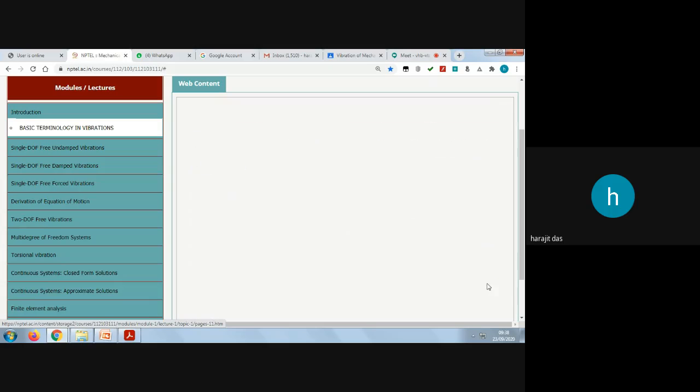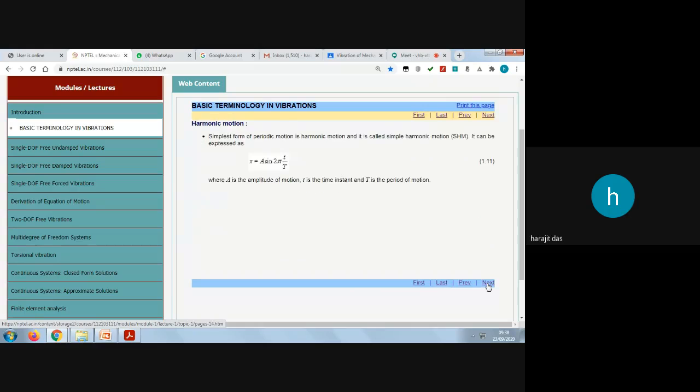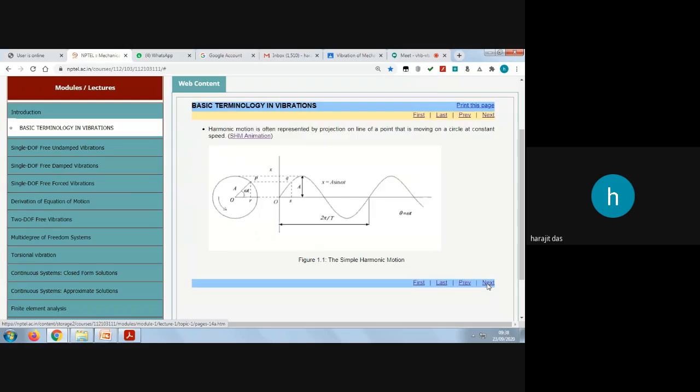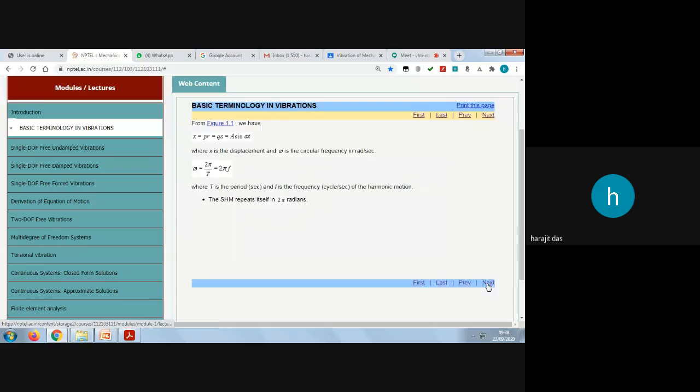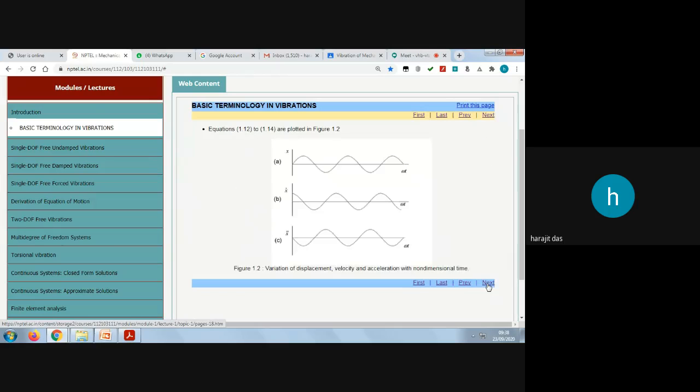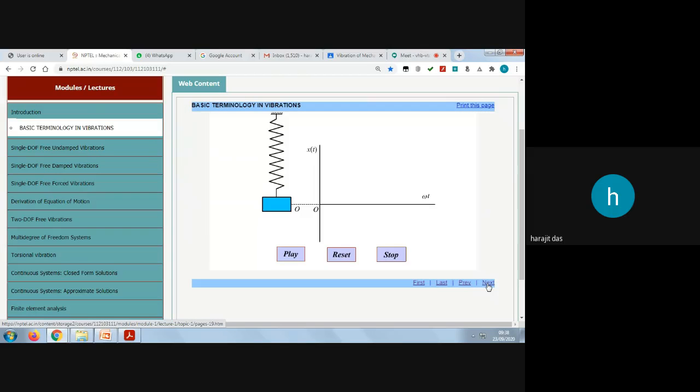The example which I took to make you understand this phenomenon is a simple spring mass system. So how will this sinusoidal curve be formed? You can see from this figure, from this mean position, when it is moving downward, that is one quarter cycle.